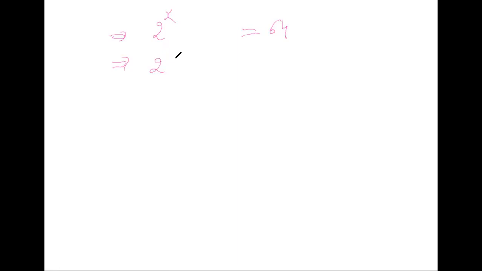Actually, this was 2 raised to power 2x. So 2 raised to power 2x is equal to 64. So what is the power of 2 here? 2 raised to power 2 is 4. 2 raised to power 3 is 8. 2 raised to power 4 is 16. So tell me, what is the power of 2 for 64?